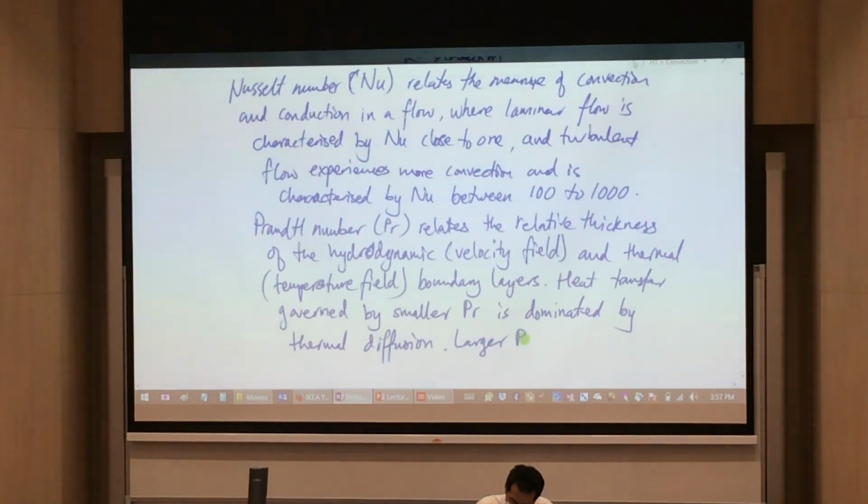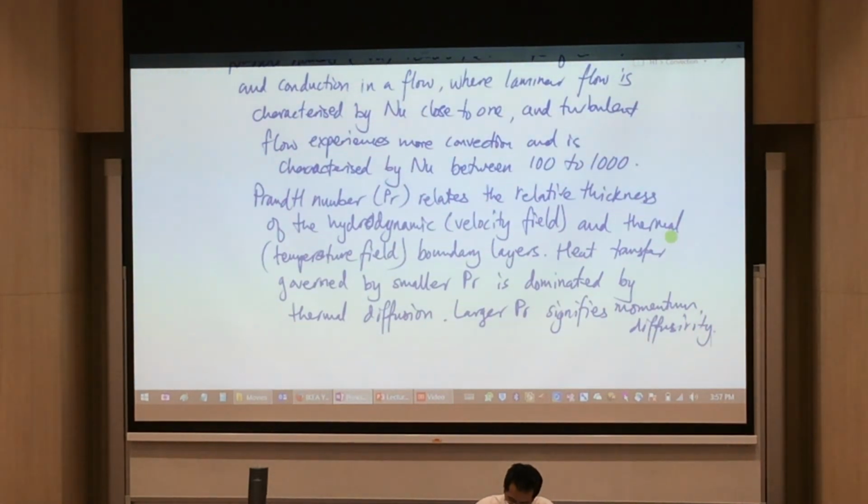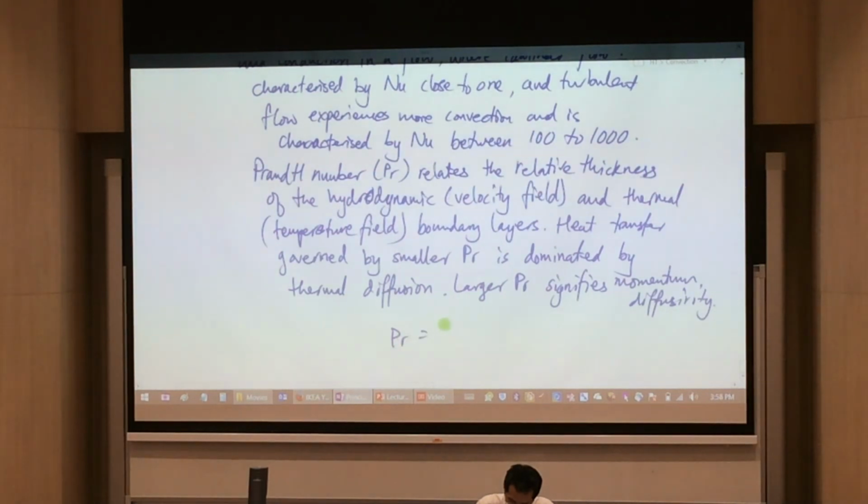And larger Prandtl number signifies momentum diffusivity. That's because your Prandtl number is actually nu over alpha. So the top part is your kinematic viscosity, and the bottom part is your thermal diffusivity.